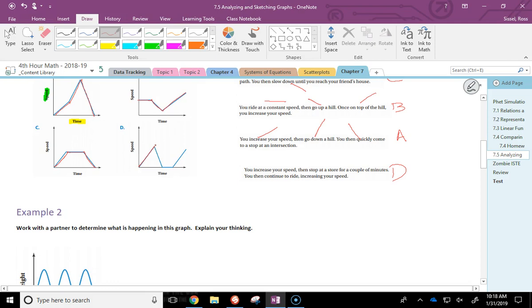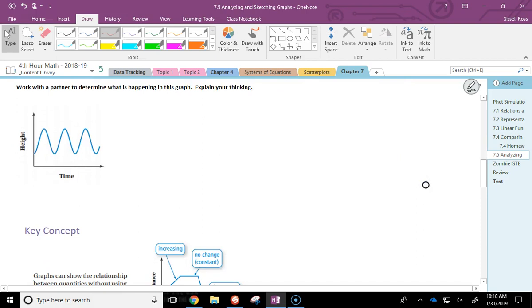If I stopped at a store, what would happen to my speed? Completely stop. So this was, I was increasing. If I stopped at a store, my speed would drop fast because I'm stopping. So I come to a pretty quick stop, and I stopped for a couple minutes. This was where I stopped. And then I increased my speed.